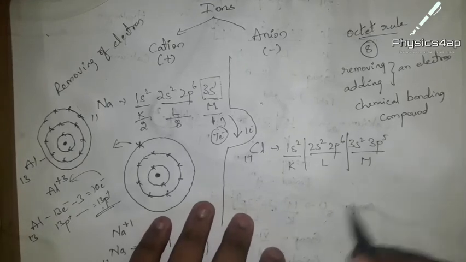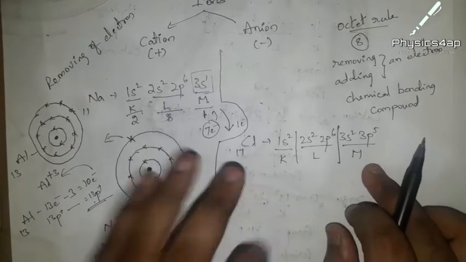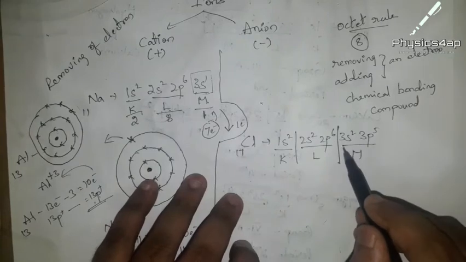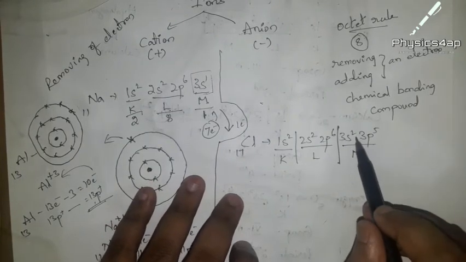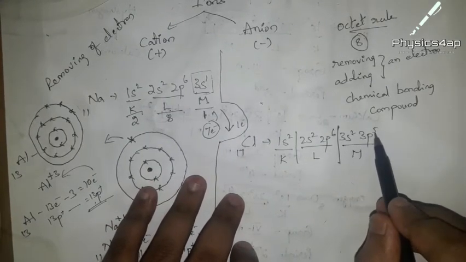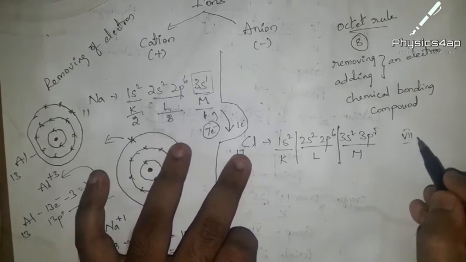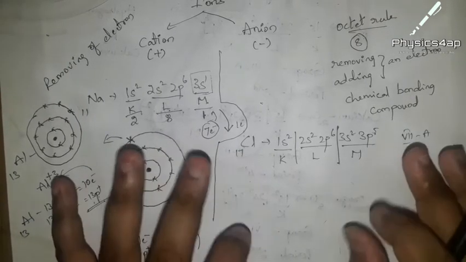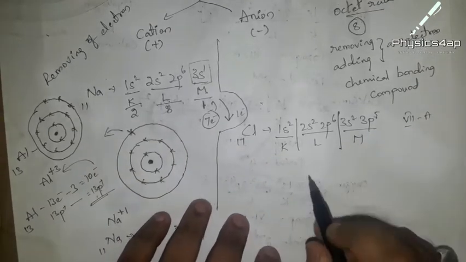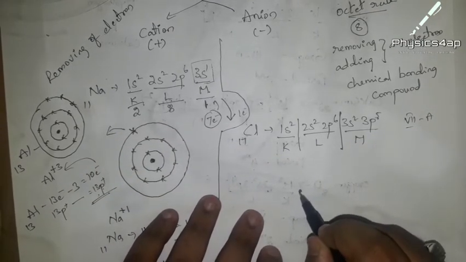Clear? As chlorine has 3 shells, it belongs to the third period, and the outermost orbit has 2 plus 5, 7 electrons. That means chlorine belongs to group 7A.